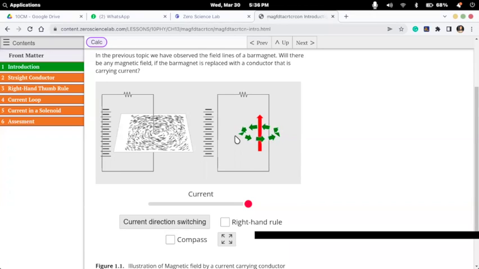Yes, sir. If you rotate the magnet, what will the iron filings do? What will they do? They'll change direction.